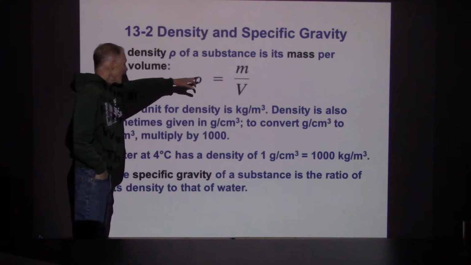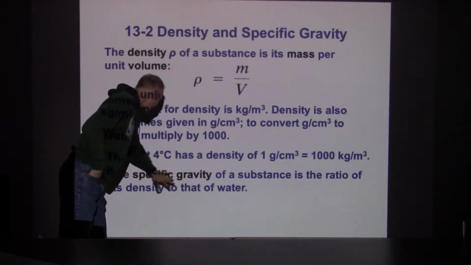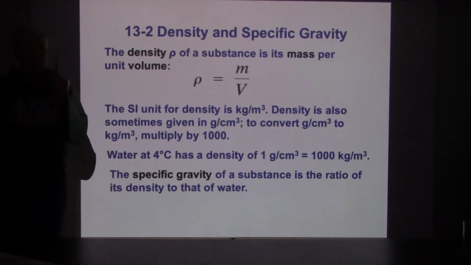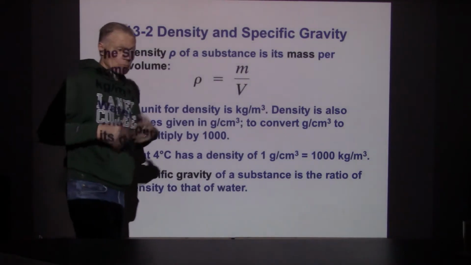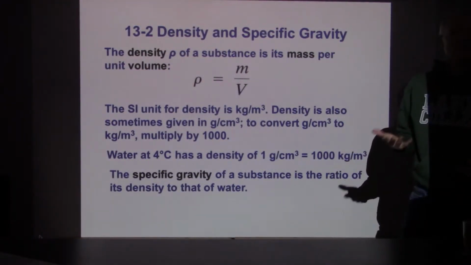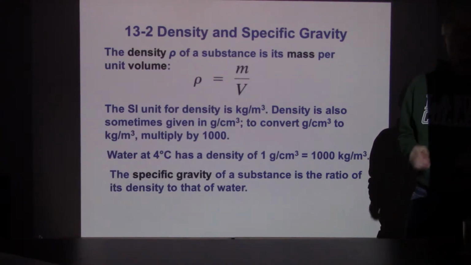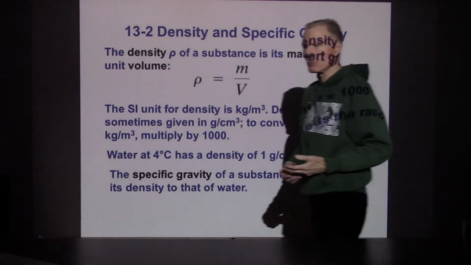It's just how much mass we've got per volume. But water has a specific gravity of 1. Something that has 5 times the density of water would have a specific gravity of 5. So it's just a number that we can throw out to say how dense something is compared with the density of water. And since water is so familiar, it's a pretty handy reference to work with.